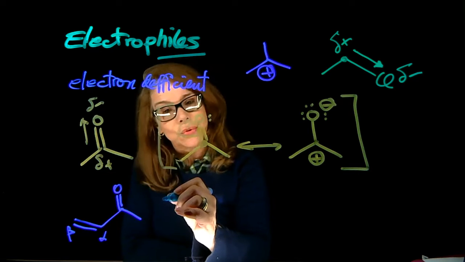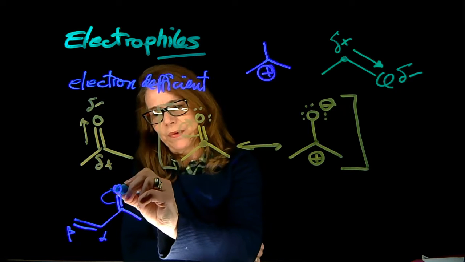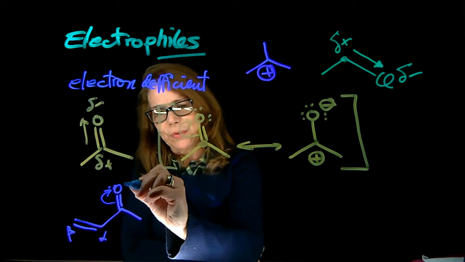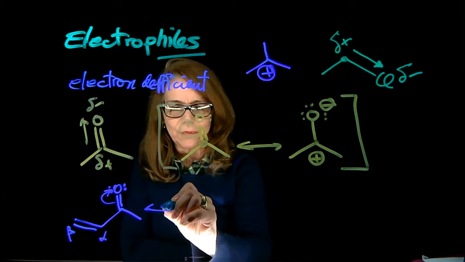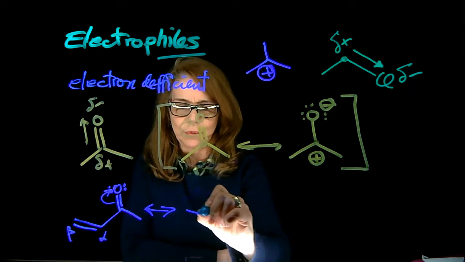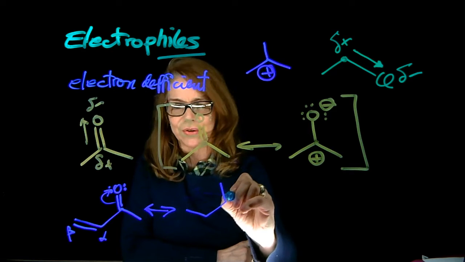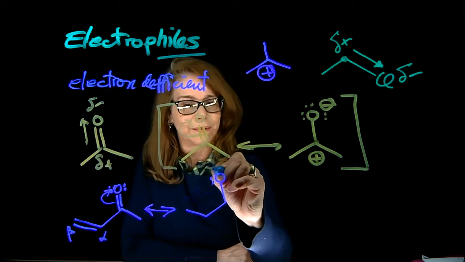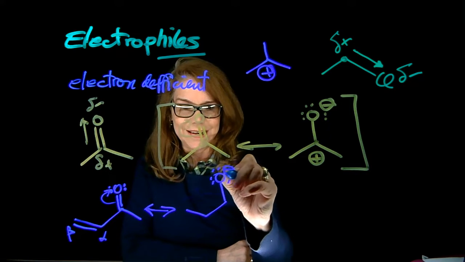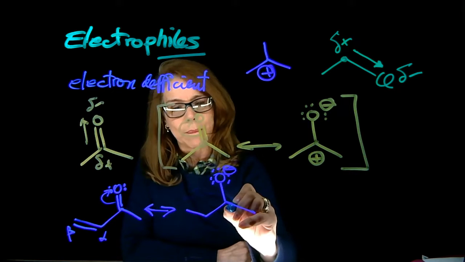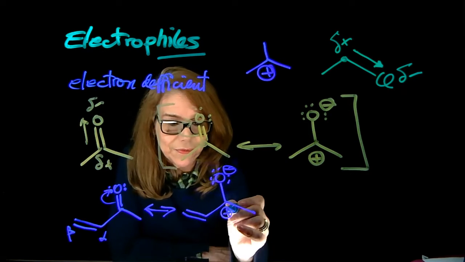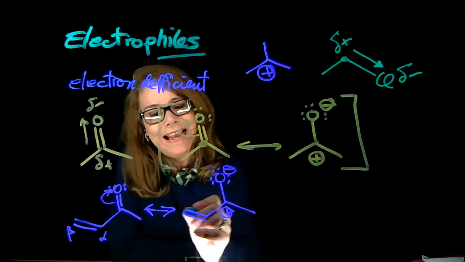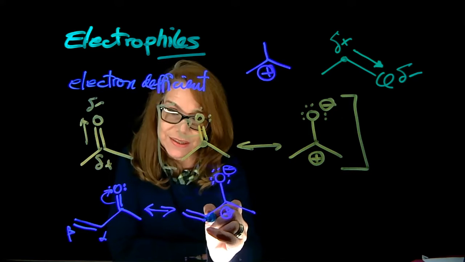But let's do resonance again. If we move those electrons over to the oxygen, we create the following resonance structure, similar to the one above: negative charge here, positive here. But now this positive charge is allylic, next to this double bond.